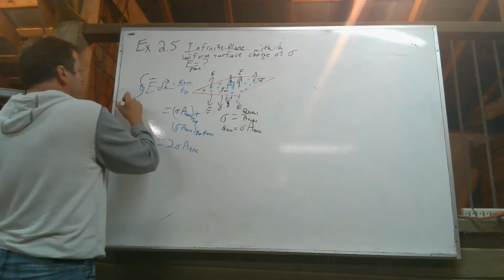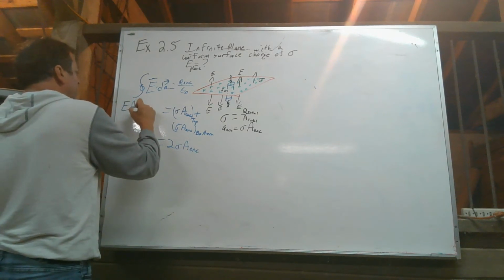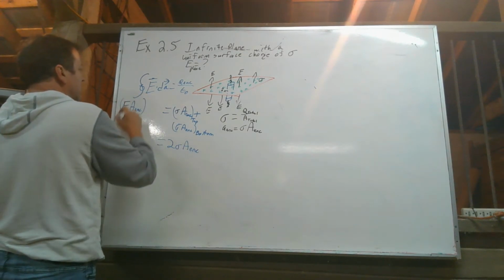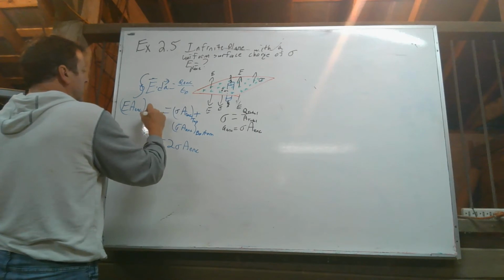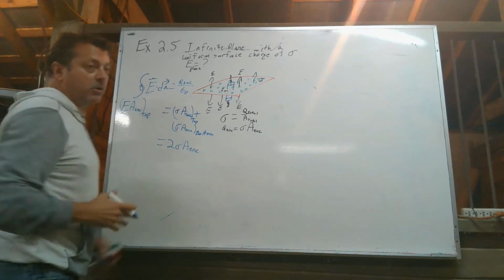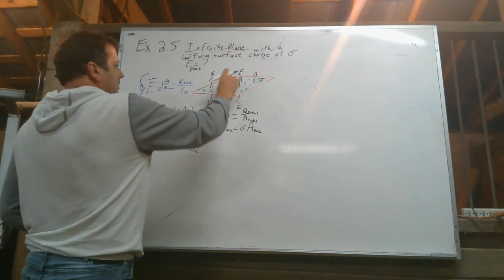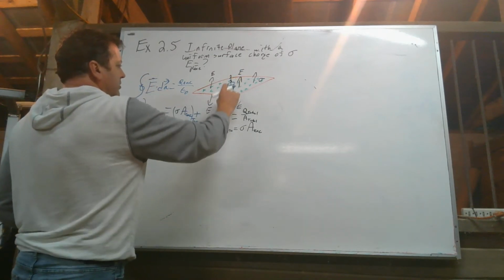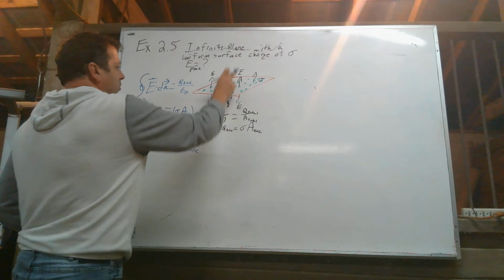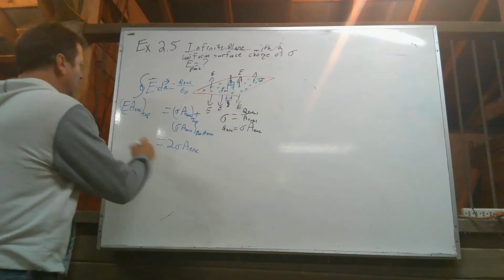So at the top, it's just E times area enclosed. Since an integral is just a sum, we're summing up the integrals of the area enclosed here and there for E dot dA.